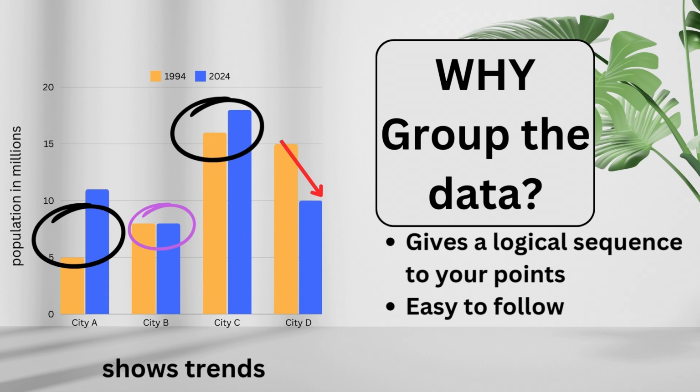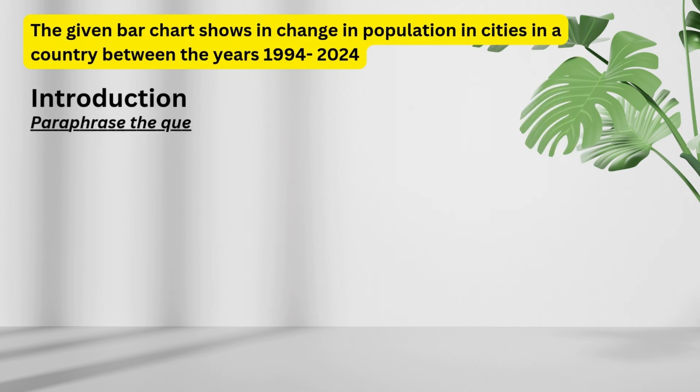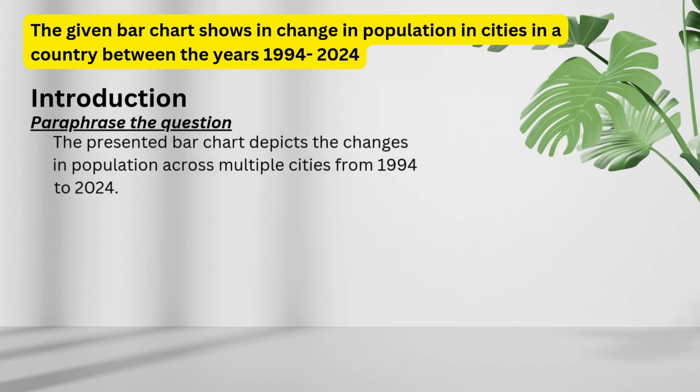Now, after you have grouped the data, then your planning portion is finished and you can move on to writing. So when it comes to writing the introduction, you will start by paraphrasing the question. As in this case, I have paraphrased the question for you, where I have changed the language of the question, but I am essentially saying the same thing.